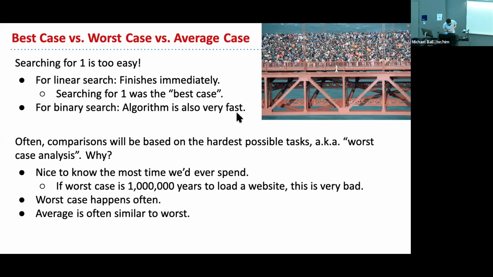So the worst case also is one of those things where the system that we're building, we have to protect against that. So if Gmail has a search function and it's trying to search through all your thousands of email messages, obviously we always want that to be fast, right?